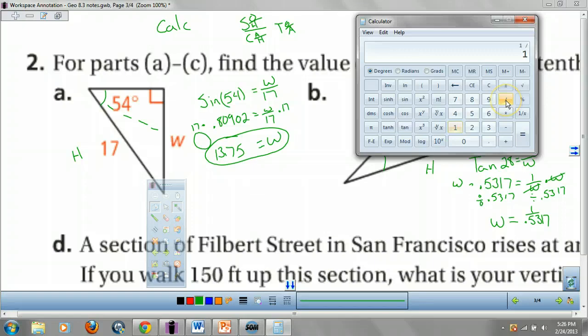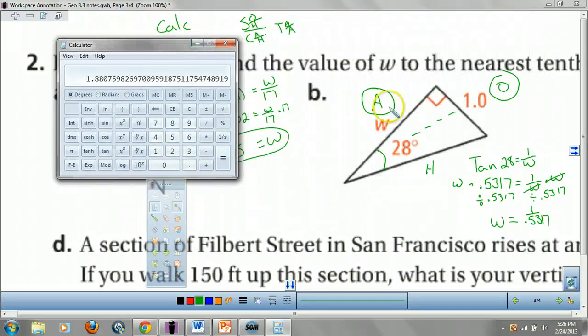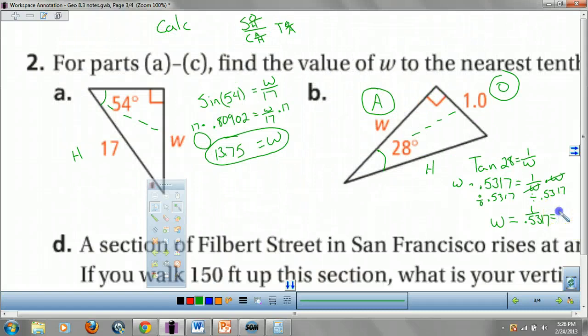What's 1 divided by 0.5317? 1.88? Yeah, that sounds about right. Okay. These are tough, aren't they?